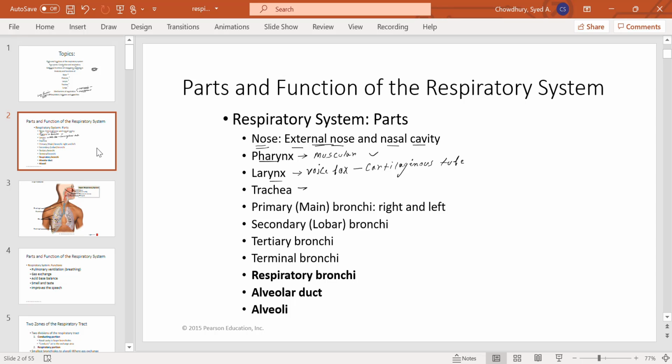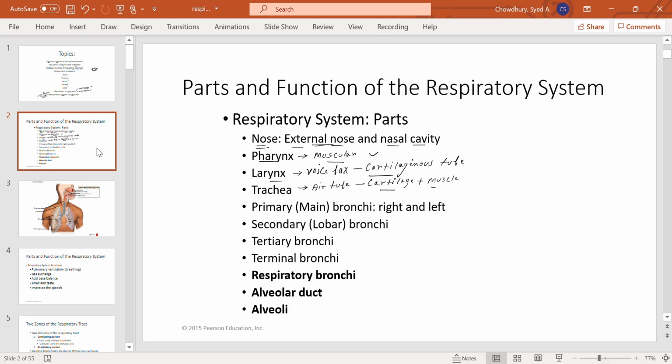Trachea is the next part. Trachea is composed of cartilage and muscle. So it is a combination of both cartilaginous rings and muscle. So you see, pharynx is muscular, larynx is cartilaginous, and trachea is formed by both.